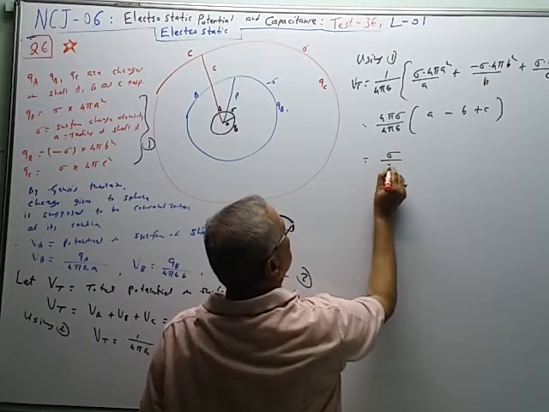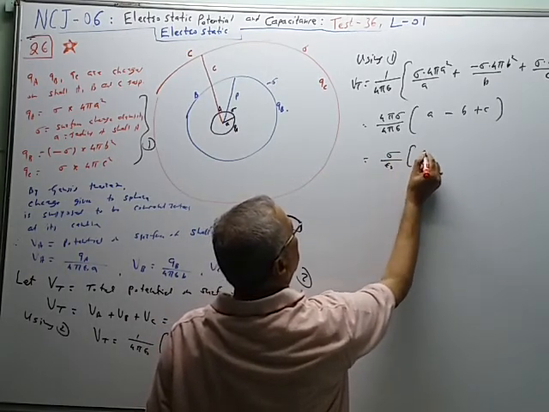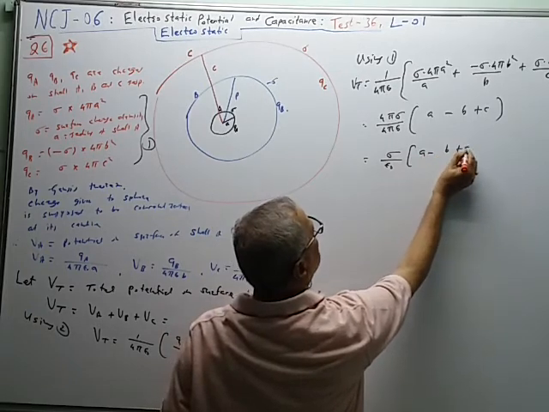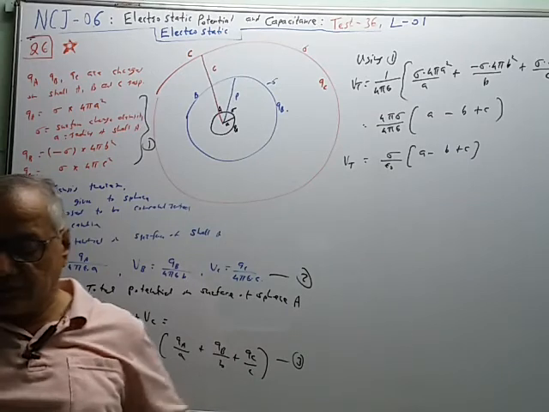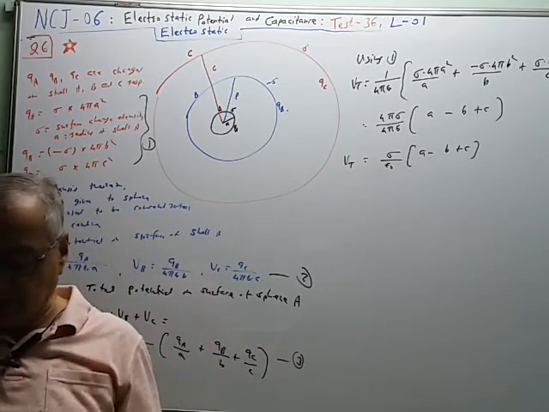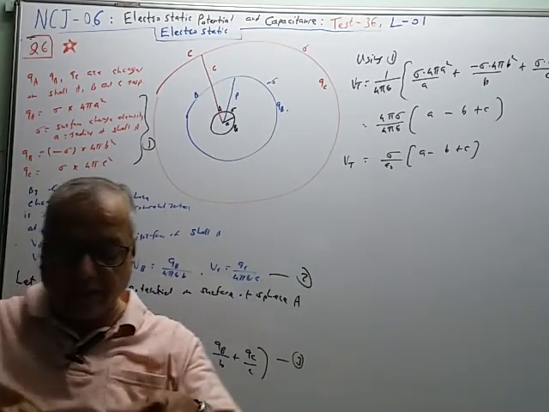Therefore sigma upon epsilon naught into bracket A minus B plus C. This is the total potential in terms of the surface charge density sigma. So the correct answer is A.